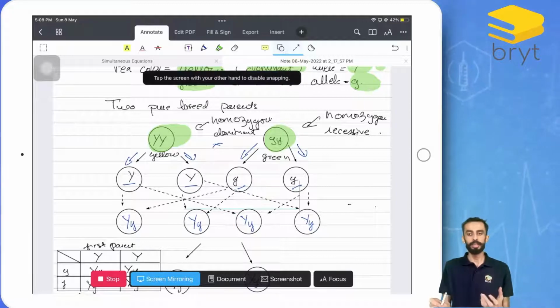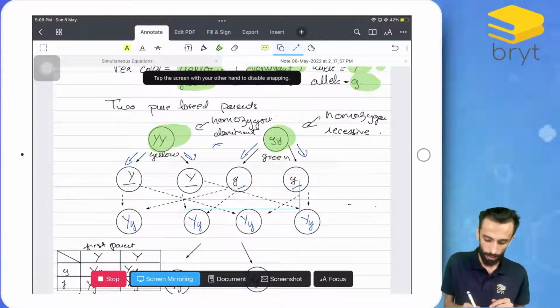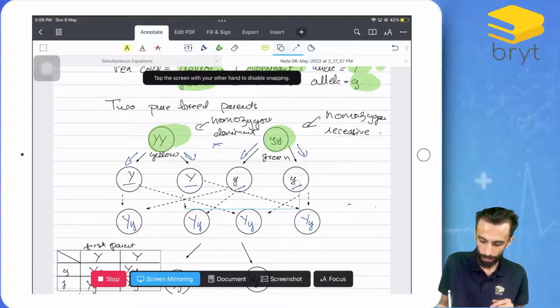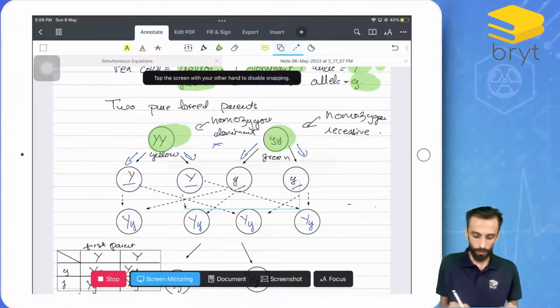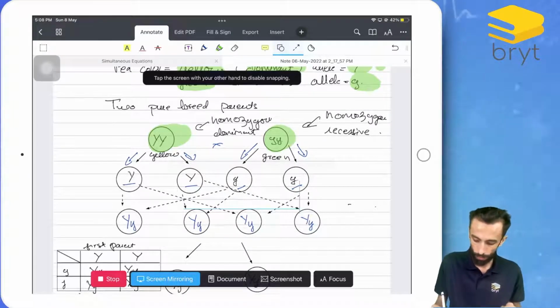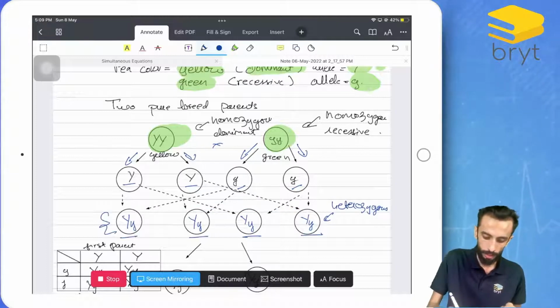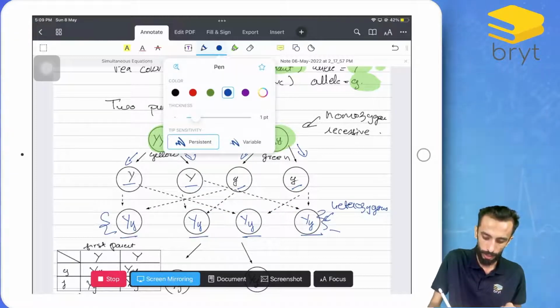And you can see now that all of these are heterozygous in nature. That means both of the alleles present in all of these cells are different. But all of these P's that are now formed will be yellow in color. Why?